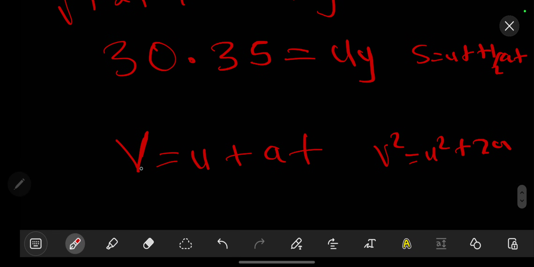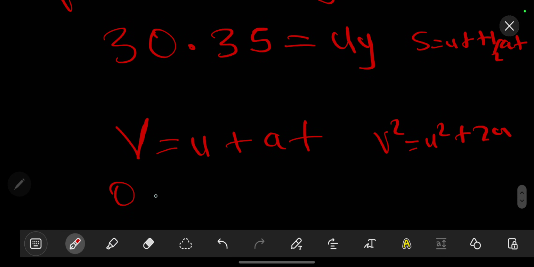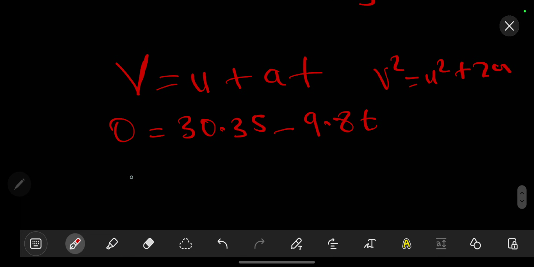So the final velocity at that point, at the height of 46.9984, should be 0, should be equal to the initial velocity, we have found it to be 30.35, then we have plus minus, since the gravity is opposing, 9.8 times t. So taking this value to that side, it will be 30.35 should be equal to negative 9.8 t.